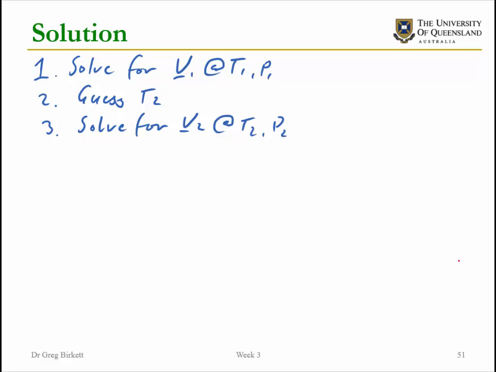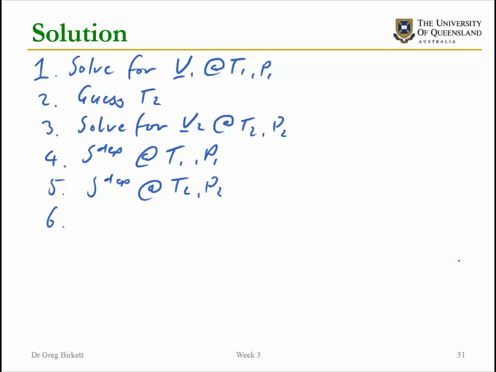Once I've got my volumes, then I can calculate my S departure at T1 and P1, and my S departure at T2 and P2, and then I can calculate my delta S star.